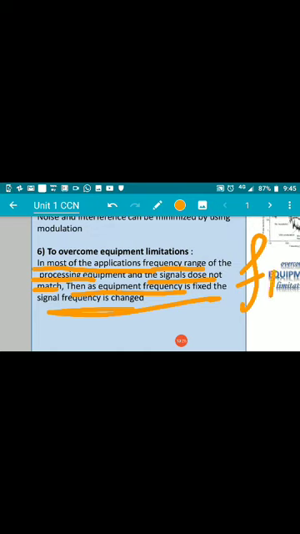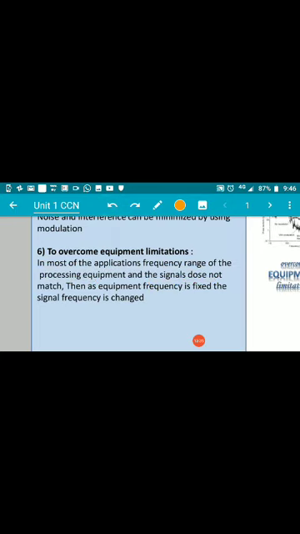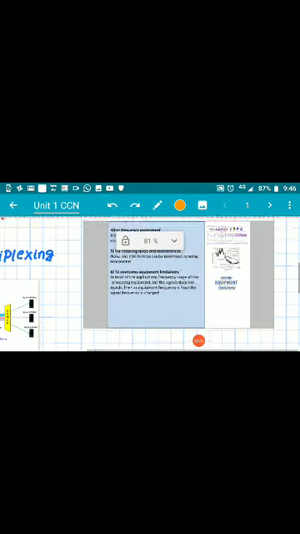Equipment frequency was f1, signal frequency was f2. We have changed the signal frequency and modulated it to the equipment frequency. In that way, we can overcome the equipment limitations. These are the points that include the need for modulation, why we require modulation. Thank you.